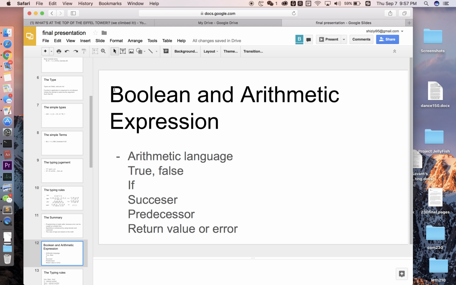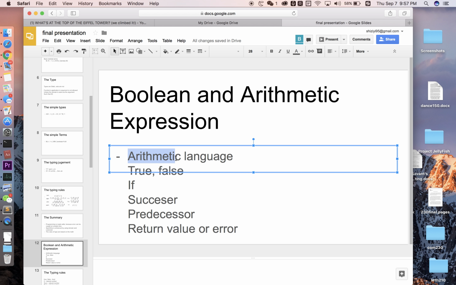Next, I want to talk about Boolean and arithmetic expressions. The arithmetic expression language has a few elements: true, false, if, the successor, the predecessor, and the return value, or if there's an error, you return an error.